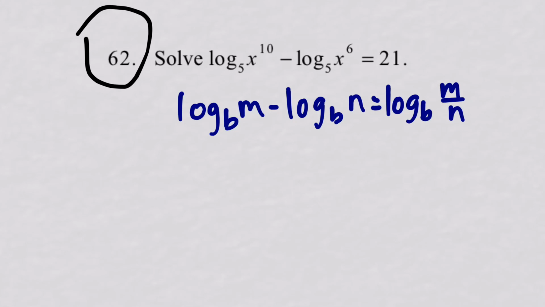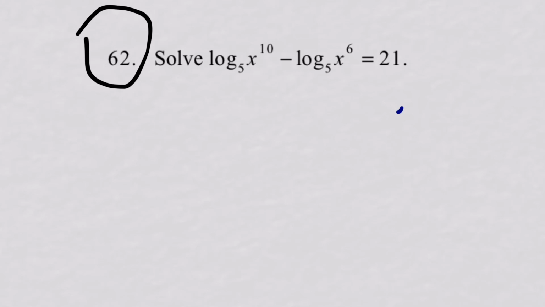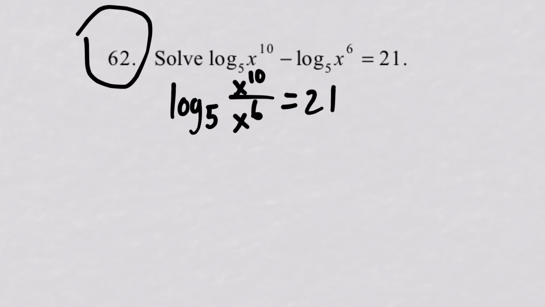If you subtract two logarithms with the same base, that's the same thing as keeping the same base but dividing the two numbers. So it's going to be log base 5 of x to the 10th over x to the 6th equals 21. All I did was put this one over that one.